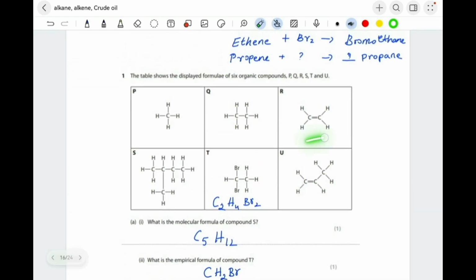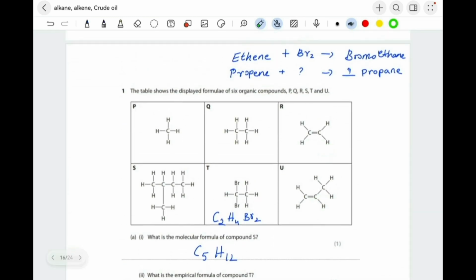We have 2 alkenes here, ethene and propene. If it starts with ethene, the answer should end with ANE. If it starts with propene, the answer should end with propane. It can't be U because we don't have any other 3 carbon atoms. So obviously it starts with R. From R to Q. When we add hydrogen to this, it forms the Q compound, ethane.